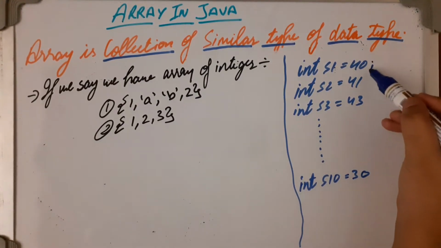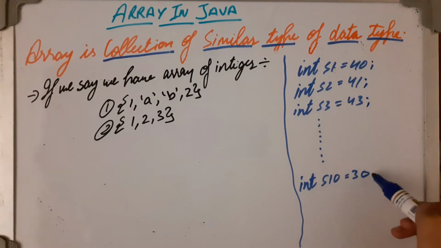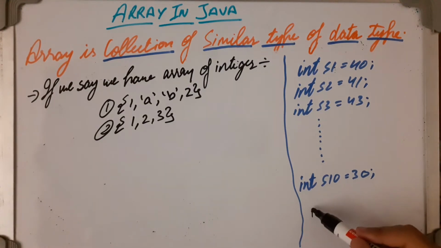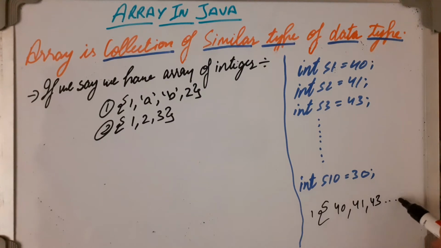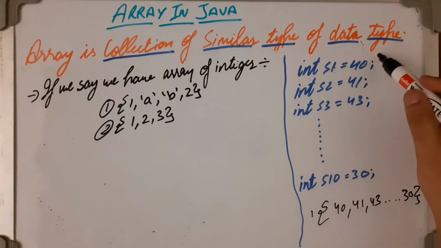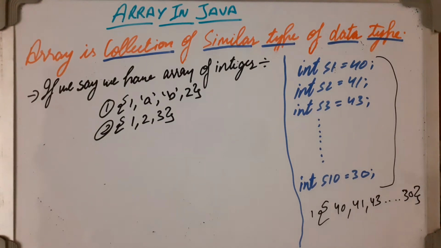I will store marks like this. But when the array concept is there, we are creating an array. We define it by directly writing the marks like 40, 41, 43, and so on, and 30. In this way, we do not have to take different variables for each mark.